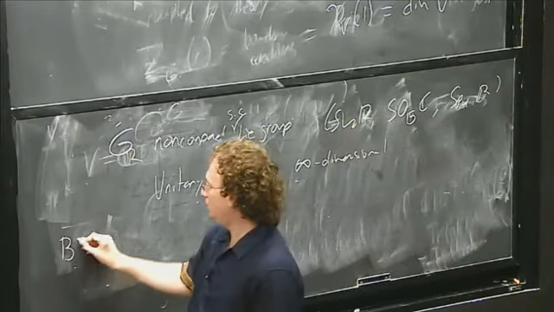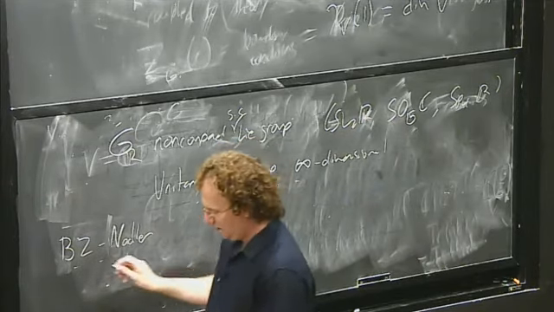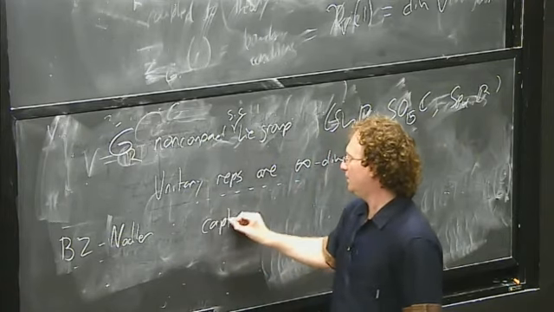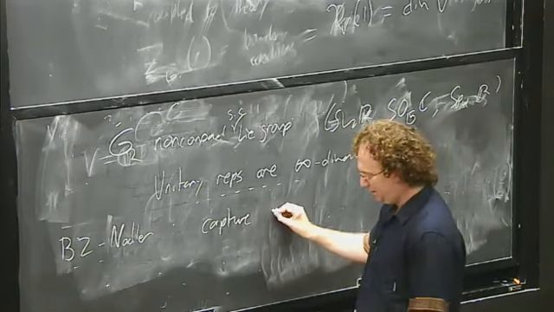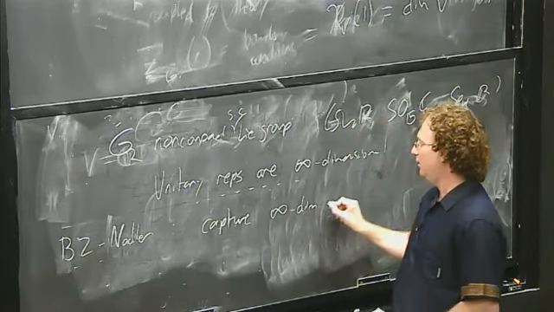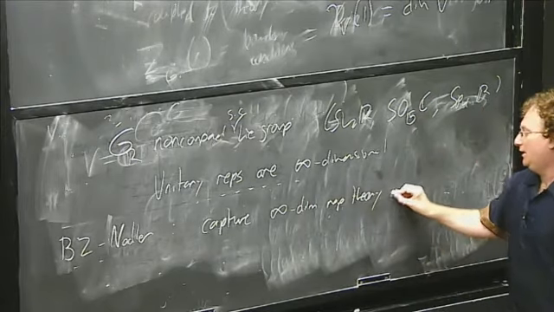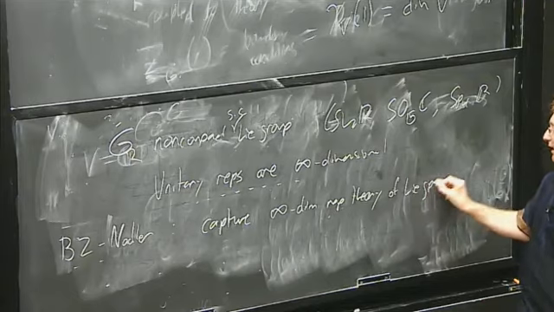So this is the joint work that I'm doing with David Nadler. What we've done is we can capture the theory of infinite dimensional representations of semi-simple Lie groups, including the characters.